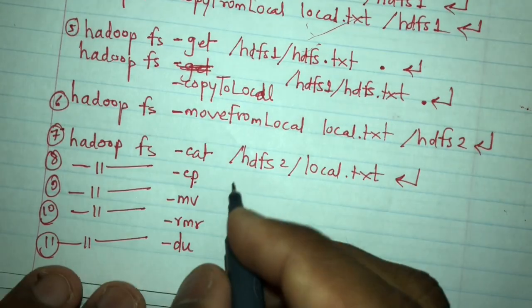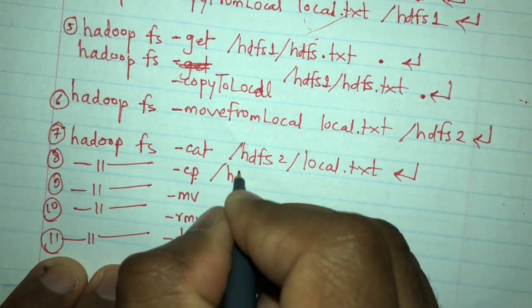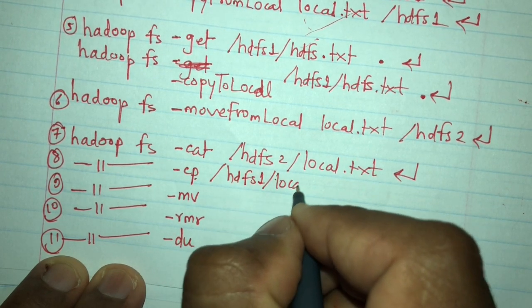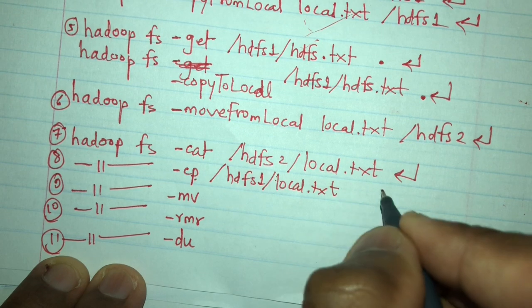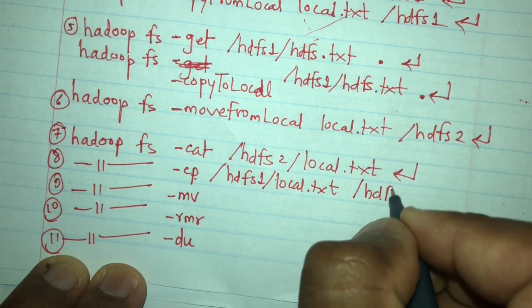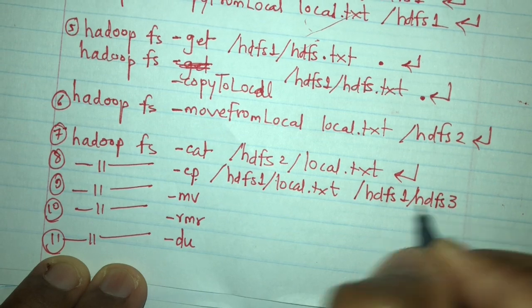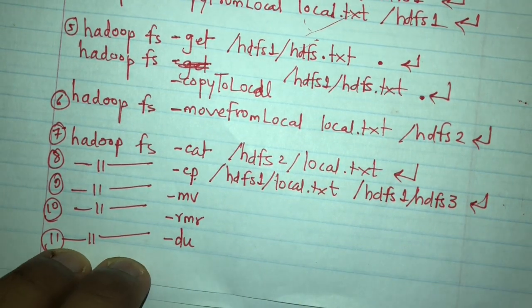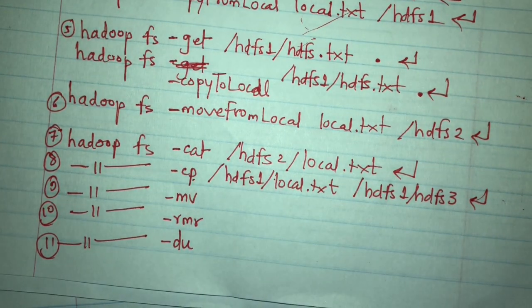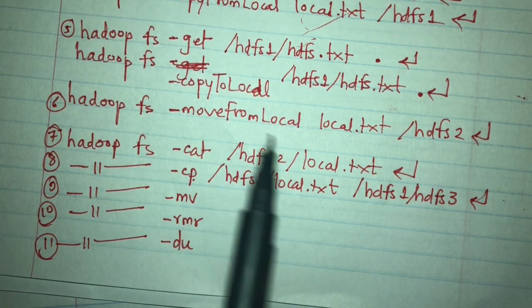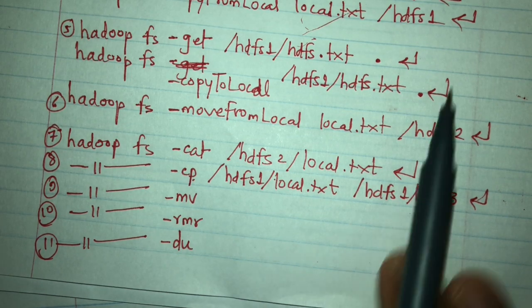So it works like this: HDFS1 slash local.txt will be copied to HDFS1 slash HDFS3 and enter. So it will be copied from directory HDFS1 to directory HDFS3.